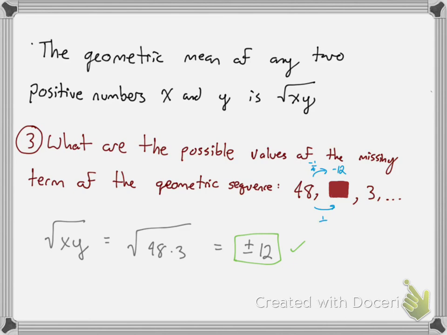If my common ratio is positive 1/4, I would get positive 12. And then negative 1/4 again, positive 1/4 here. Those would both get me to 3. So those are two possible values. I don't really know enough to say whether my common ratio would be giving me negative numbers or positive numbers every time. So that's why my answer could be positive 12 or negative 12.